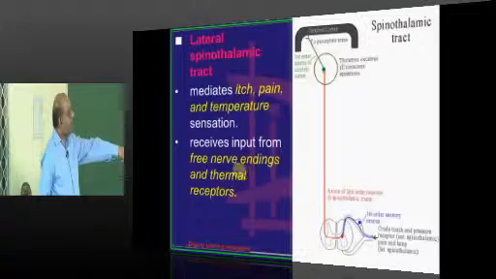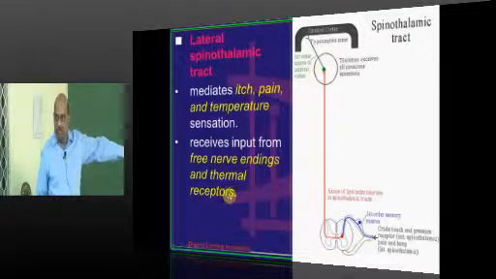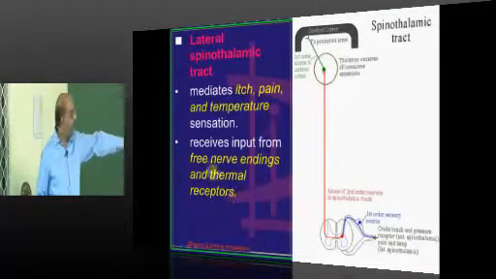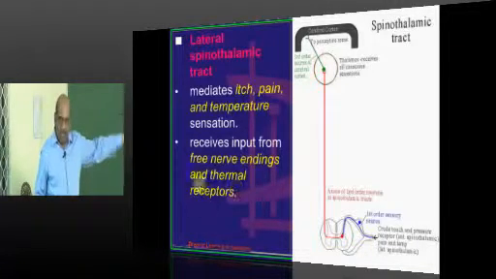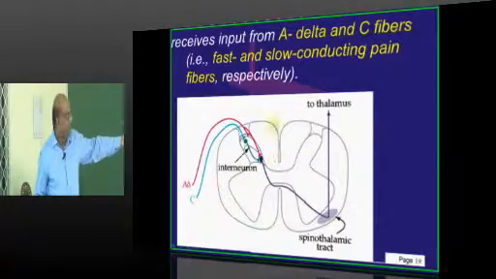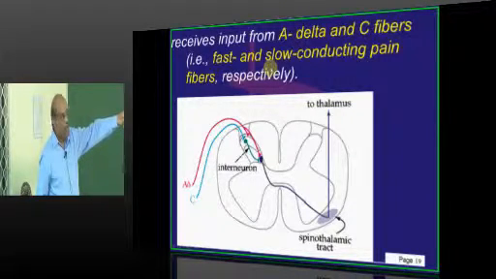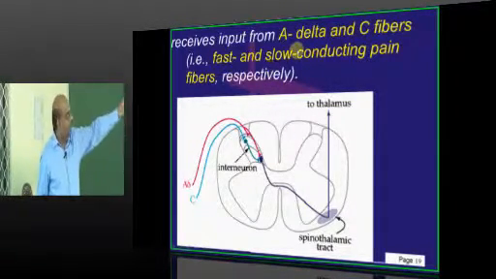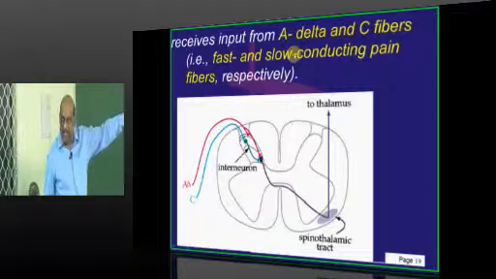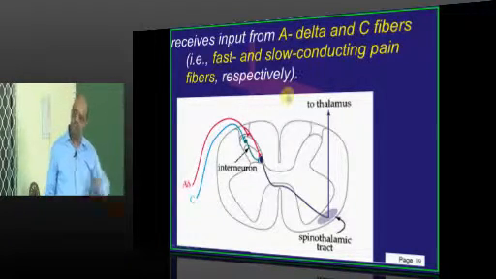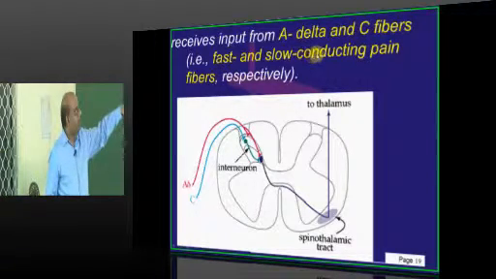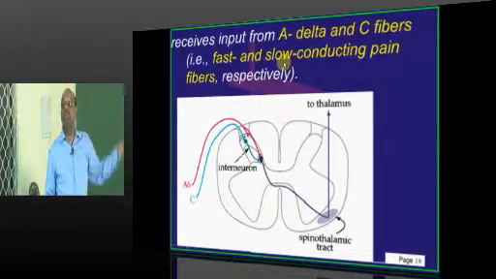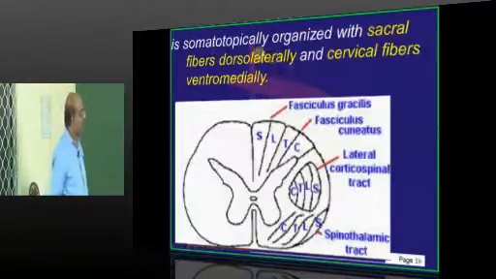And we have the receptor specialized for the thermal temperature. And we have free nerve endings to bring pain. So receptors are free nerve endings and thermal receptors. And the type of the conducting fibers are basically belonging to the class A delta and C. And what is the difference between A delta and C? Both of them are pain fibers. But A delta is fast pain. C fiber is a slow conducting pain.